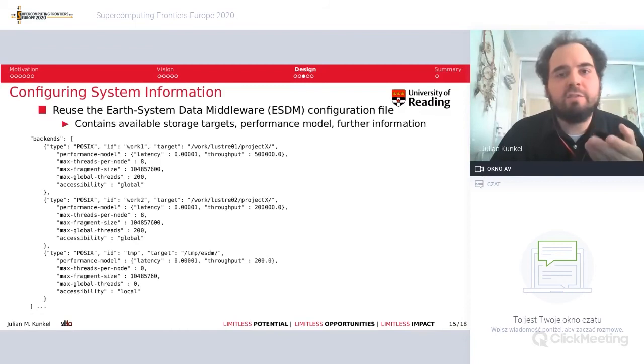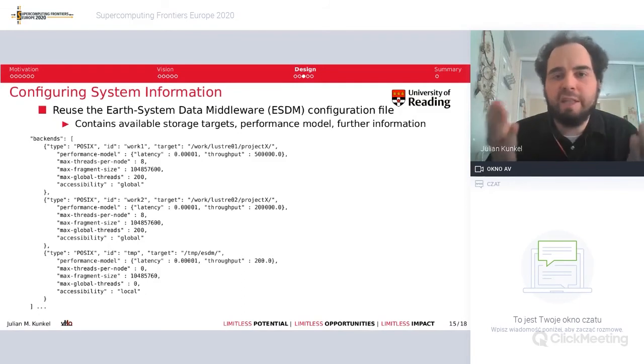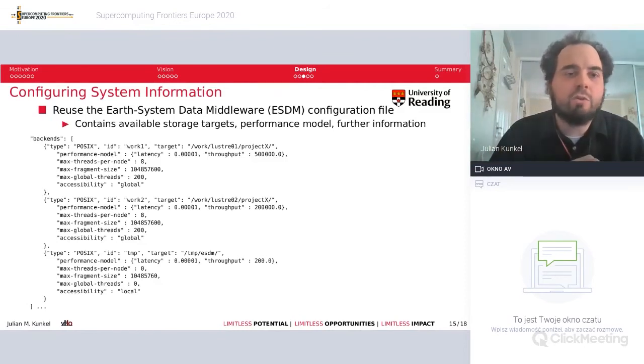And this information is used by ESDM. In fact, ESDM can split a single data set across multiple storage locations. That means we actually achieve better performance at DKRZ because we have two Lustre file systems, and we use both at the same time. And the user doesn't even realize that because all of that is controlled from this system information.